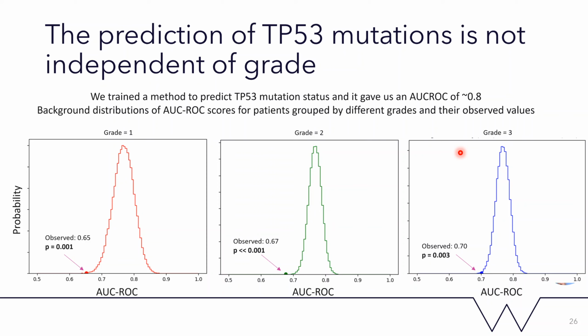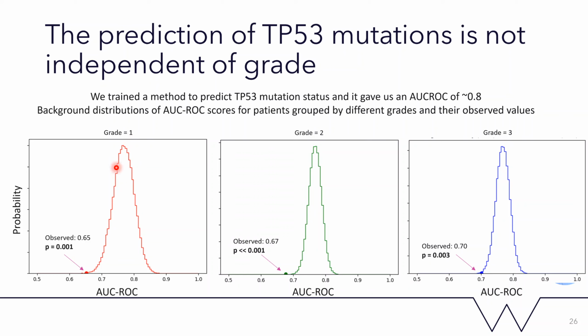In order to test this, we trained a machine learning model to predict the mutation status of TP53 in breast cancer, and it gave us close to state-of-the-art performance of 0.8 AUROC. But then we stratified the performance on the test set with respect to grades.